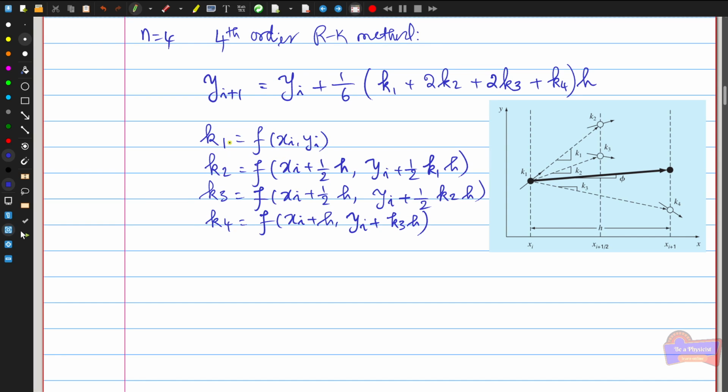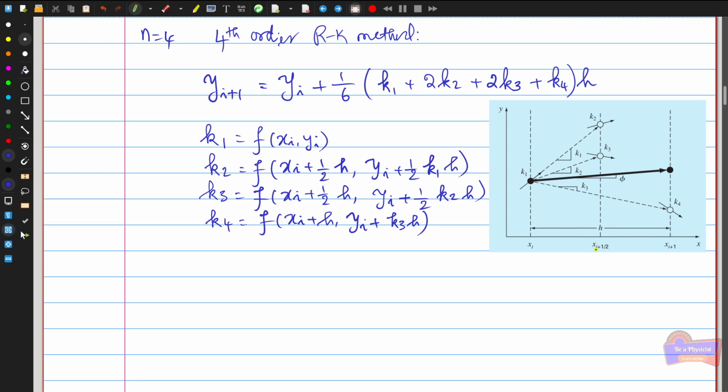The graphical representation of these slopes is given here, where using the initial value of xi, you can interpolate xi plus 1 using the predictor method with the first slope k1. Similarly, k2 and k3 are slopes found in between xi and xi plus 1, that is, in terms of h by 2.